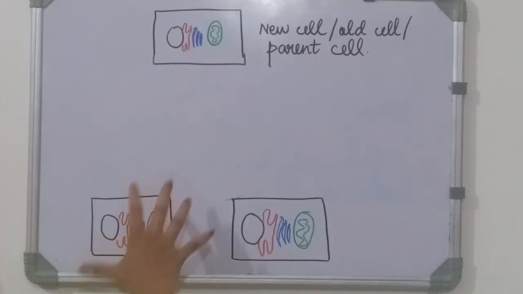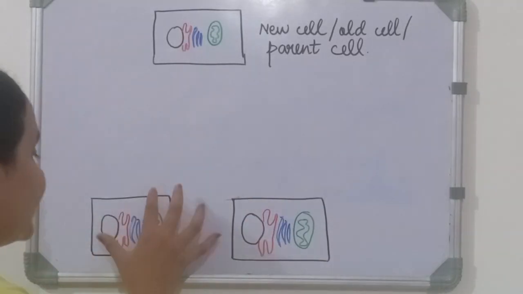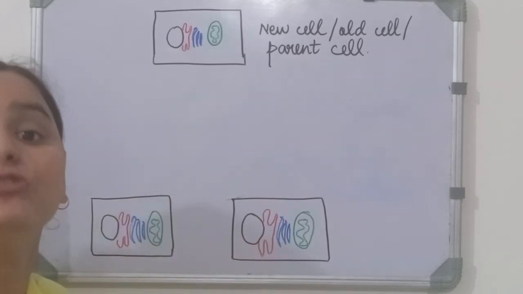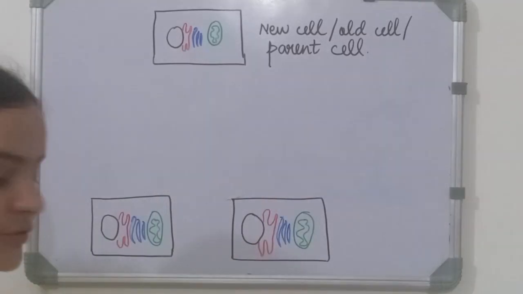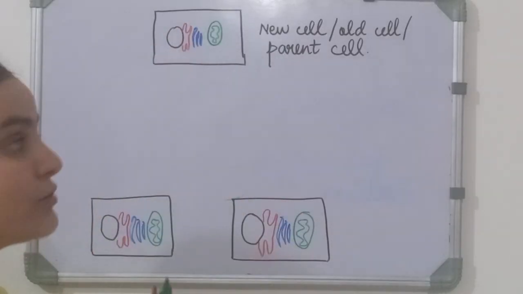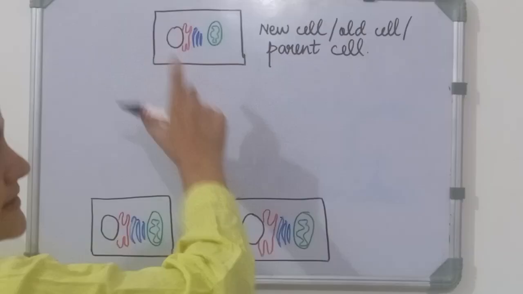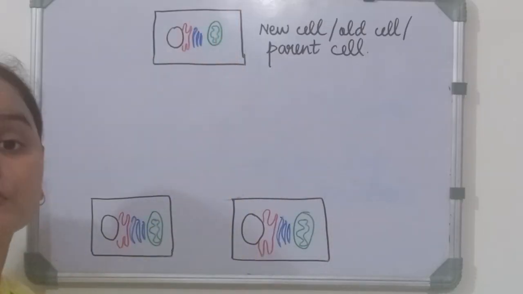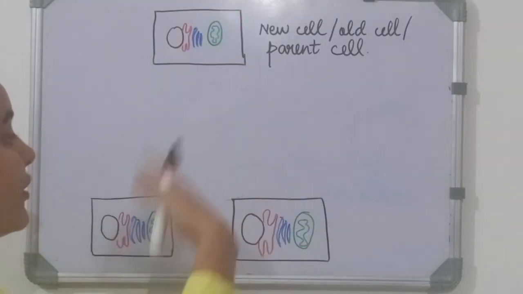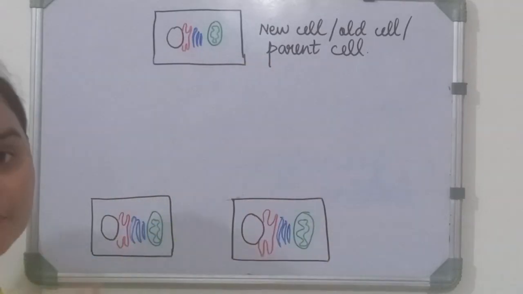So, before reaching this stage, there must be a stage where all these things must be getting duplicated. So, I am drawing again. All these things will be getting duplicated, and this cytoplasm, this empty space, must also be growing. Because of that only we have equal size of cells formed.